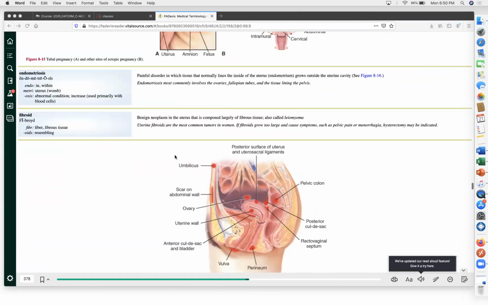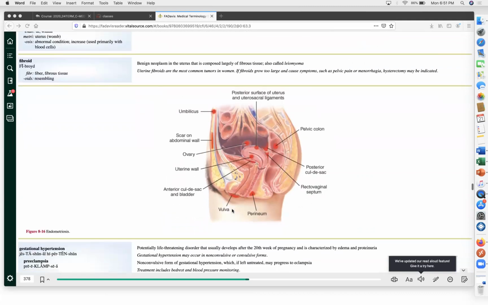If we look at this, fibroid: oid means resembling. So it looks like it's a bunch of fibers, but in reality, it's a benign neoplasm, and neoplasm means new growth. It means it's a benign cancer. So if you have fibroids or leiomyomas all along here, what we do is try to get rid of the leiomyomas or the fibroids as much as we can.